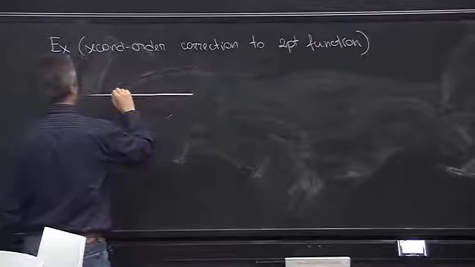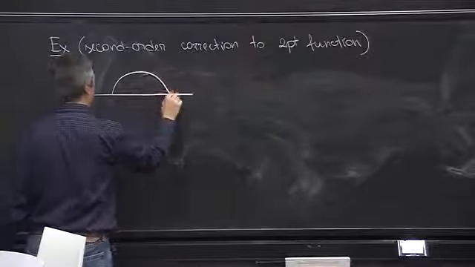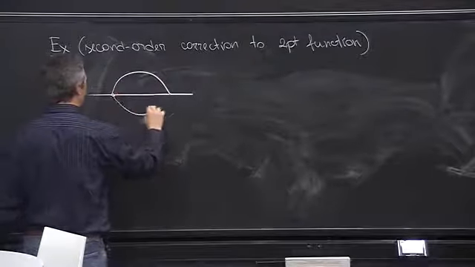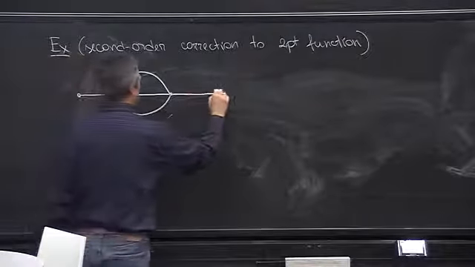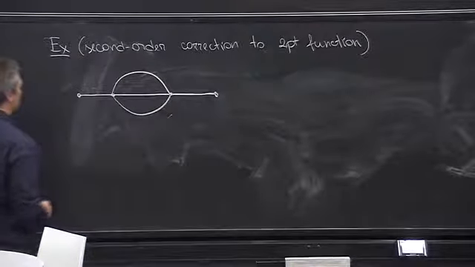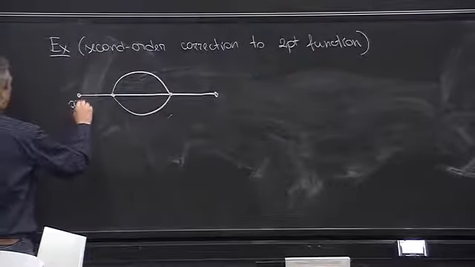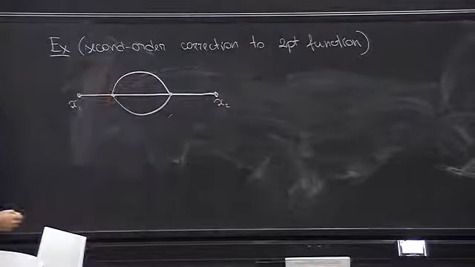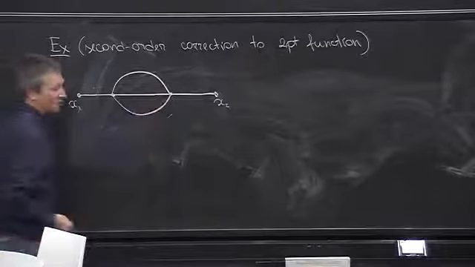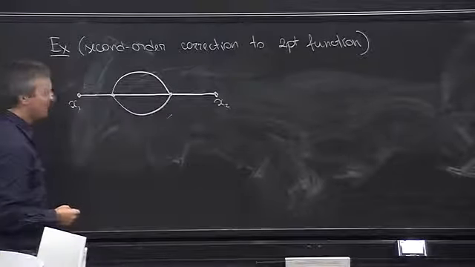We'll only discuss one diagram. It's sometimes called the sunset diagram. We have two external points, x1 and x2, and then we have this double bubble in the middle.